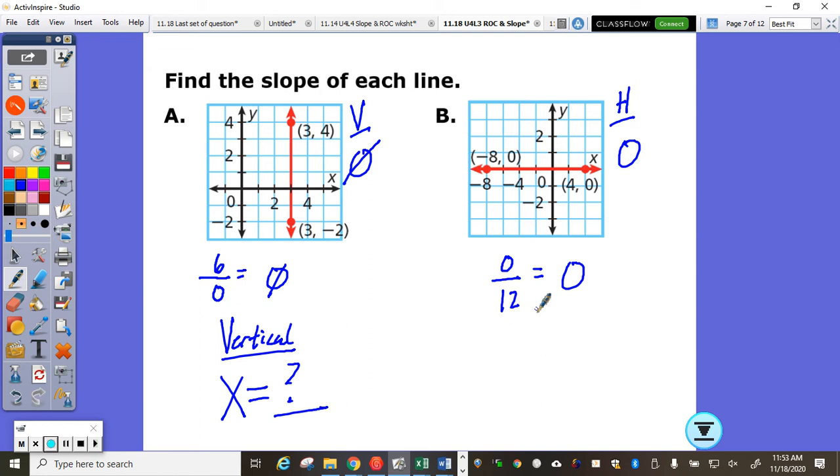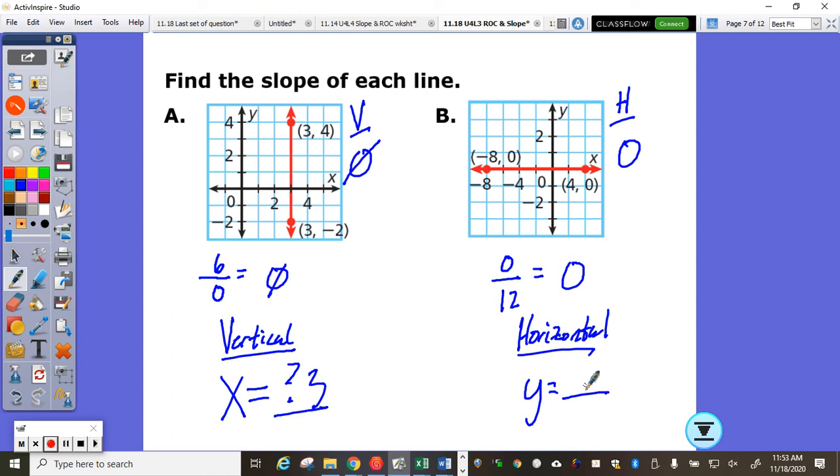Every single horizontal line is y equals something. Okay? And that something is wherever it crosses the x-axis. In this case, it crosses the x-axis at 3. So the equation of this line is x equals 3, x equals 4, x equals 5, x equals 6.